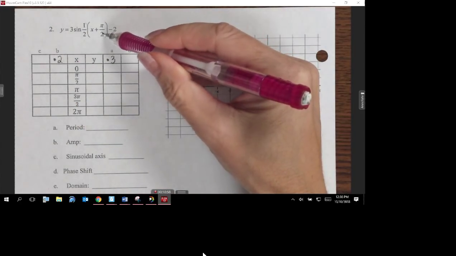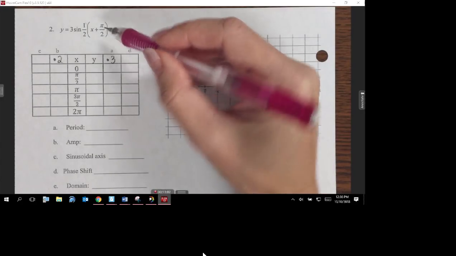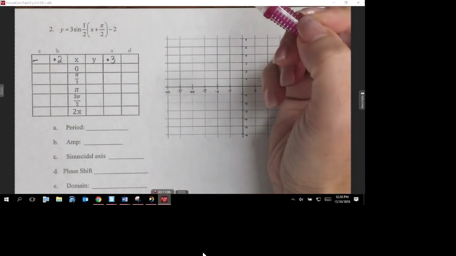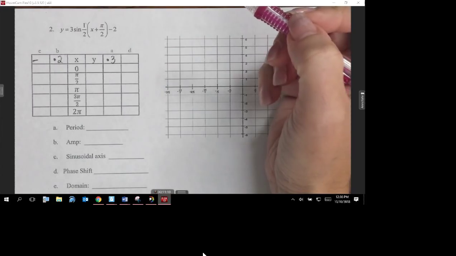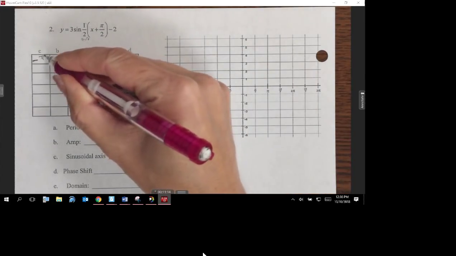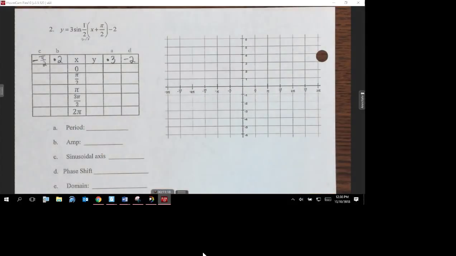The pi over 2 inside, left, is it pi over 2? Why don't I have to change it? Because it's already factored out. Good job. Pi over 2. And then the -2 would be translate down 2.